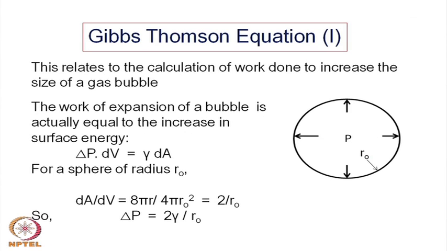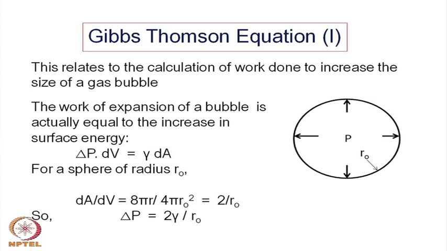Now, if you want to understand this, we have to look at something slightly different, an analogous situation, what we call the Gibbs-Thomson equation. It actually relates the calculation of work done to increase the size of the gas bubble. In fact, it is basically how gas bubbles are created.